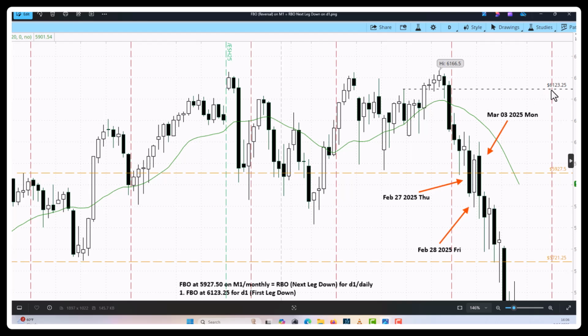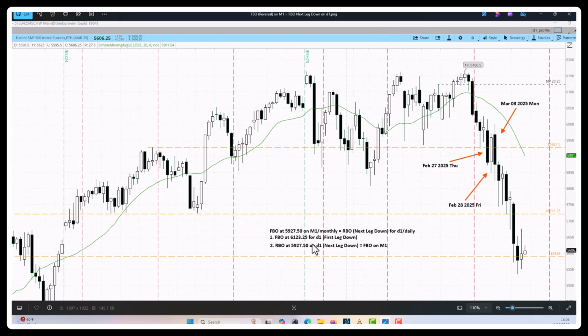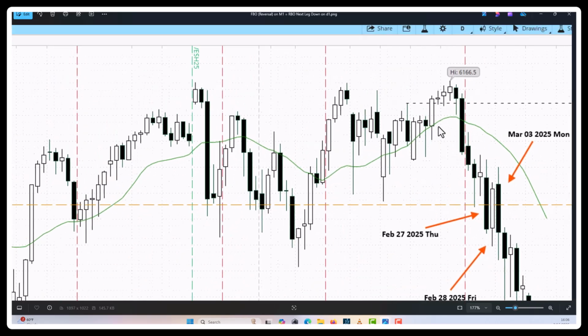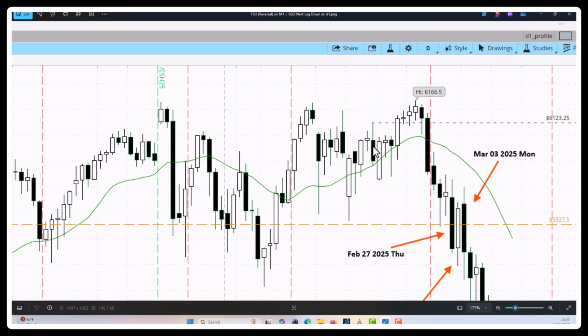You see that level right there, 6123.25. That's the first leg down, and it creates a fall breakout. You see that? It's so critical. If we mark the candle right there, it still creates a fall breakout. But we mark the higher level, so it's less expensive for us to go in right there.